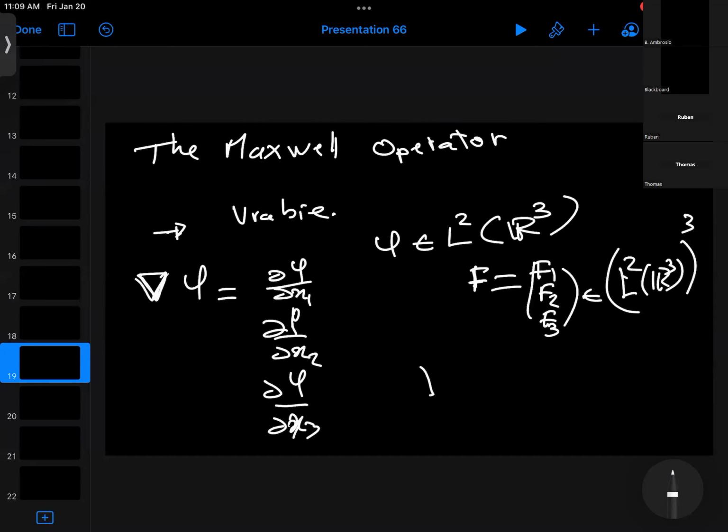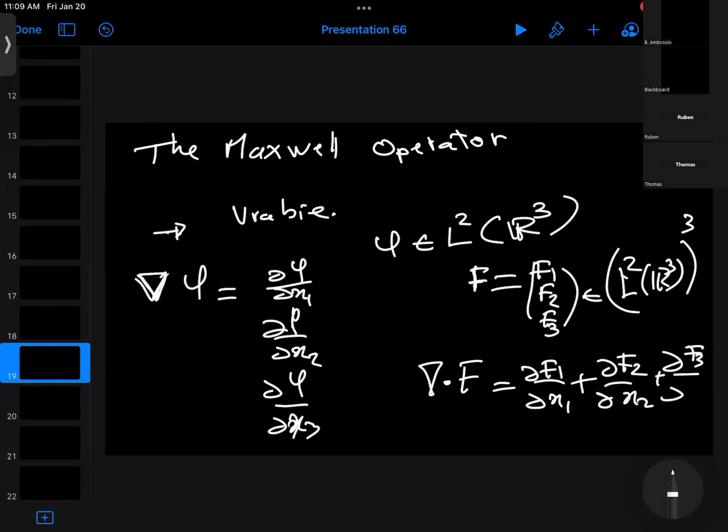And so in this case, the divergence of capital F is, you write it like gradient scalar F, because it's df1 dx1 plus df2 dx2 plus df3 dx3, right?